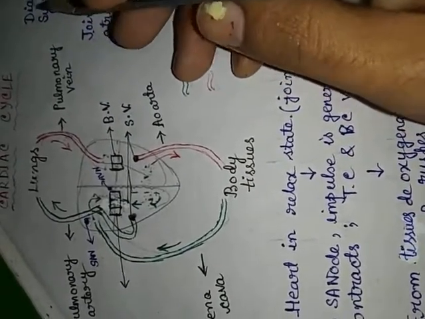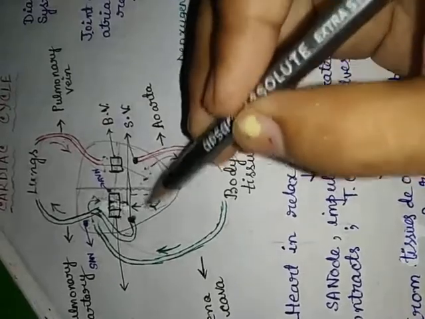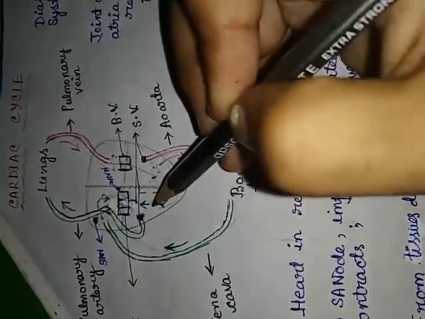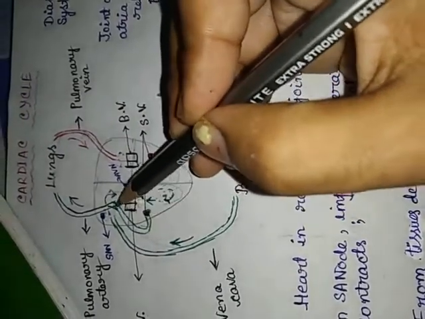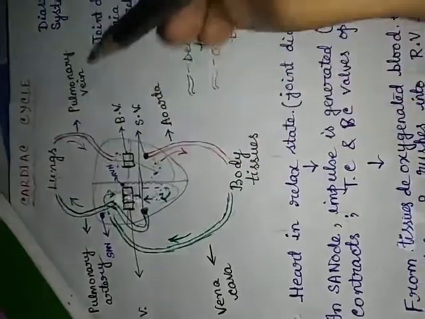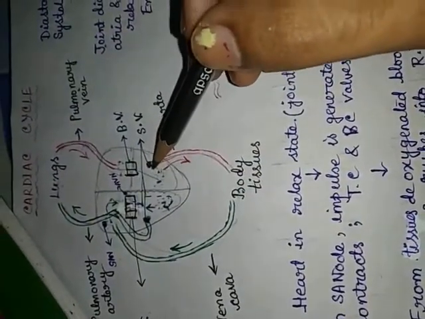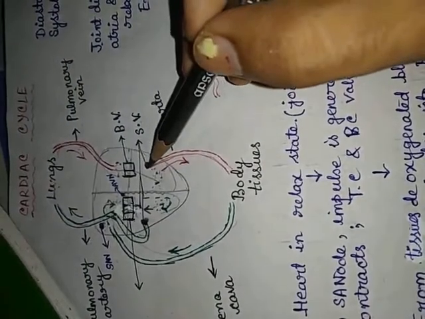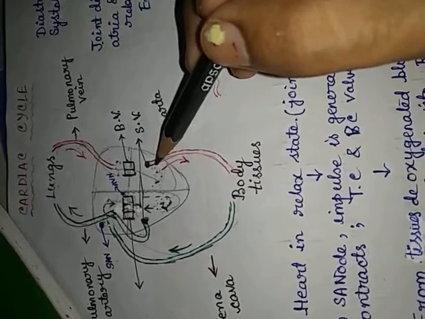Okay, as we know both the ventricles are filled with blood, from the right ventricle the deoxygenated blood enters this pathway, meaning through the pulmonary artery it reaches the lungs, and from the left ventricle oxygenated blood goes via the aorta into the tissue.